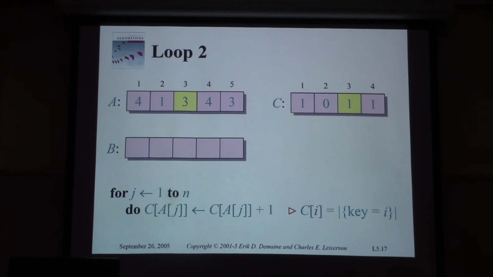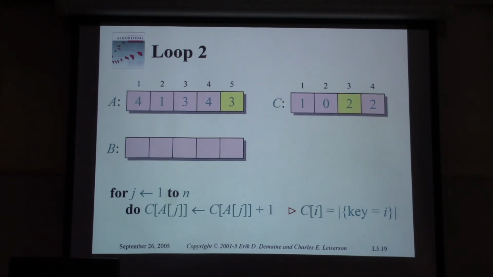On the next iteration, j goes to 4, and a sub 4 is equal to 4. So C sub 4 will be assigned whatever C sub 4 was plus 1, which means it's going to go to 2. What that means is you can see that there are two 4s in the array. And finally, we're going to assign into C sub 3 the value of 1 plus 1. It's also going to go to 2.